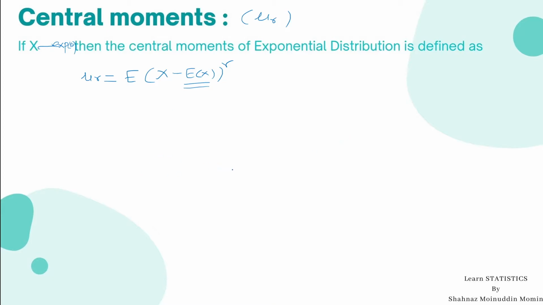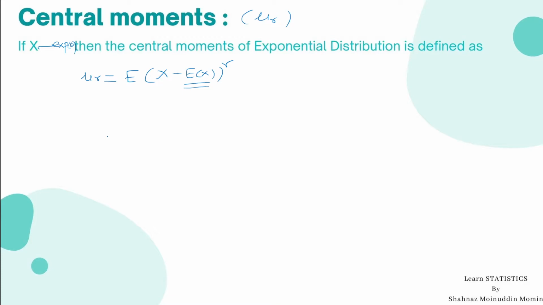And the second method is to use the relation between raw moment and central moment. Here in exponential distribution, today we are discussing the central moment using the relation between raw and central moment. So we are using the second method of calculation of central moments.